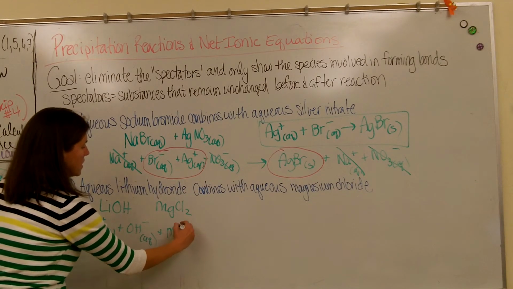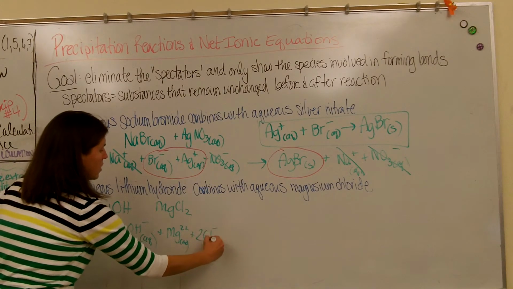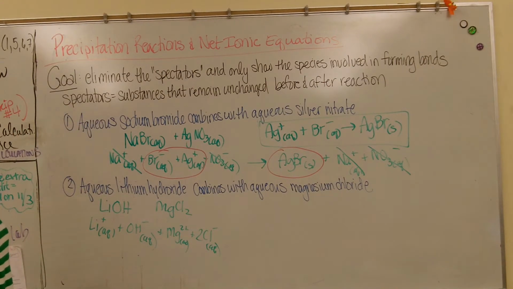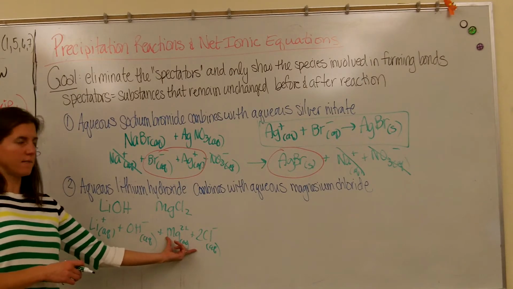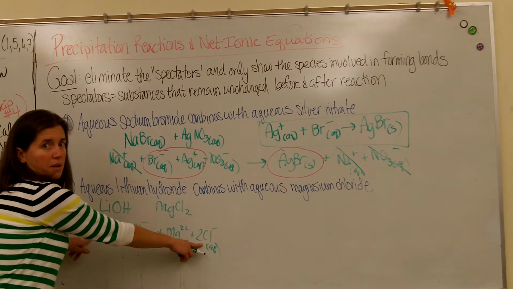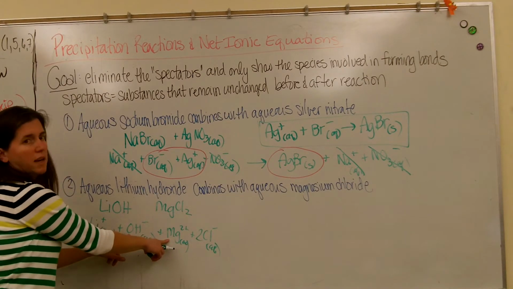It is going to be split apart into magnesium and chloride ions. Okay? And again, I'm looking for who will combine to give me a solid. So it's not these guys. It's not these guys. How about if I put lithium with chloride? Well, all alkali metal compounds are soluble, so that's not my solid. So that leaves behind magnesium hydroxide.